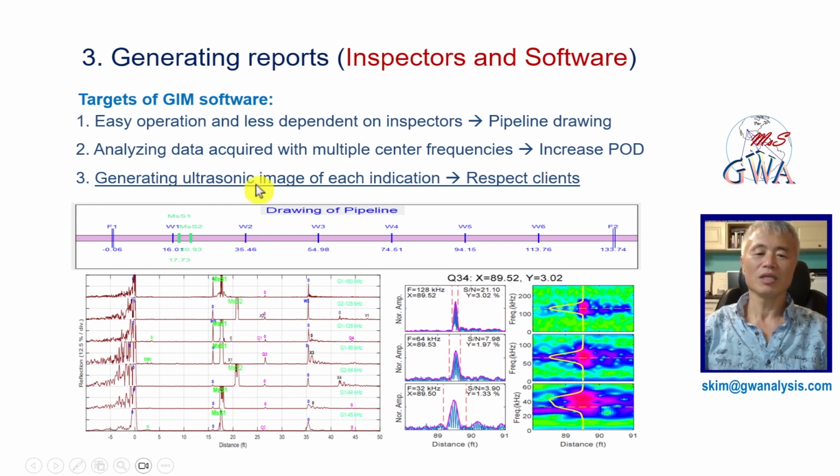Third, the GIM software generates an ultrasonic image of each indication and important region to prove the finding and give a permanent record of the pipelines. The detailed UT image enhances the accuracy of guided wave testing and proves the long-range inspection with a detailed data plot.